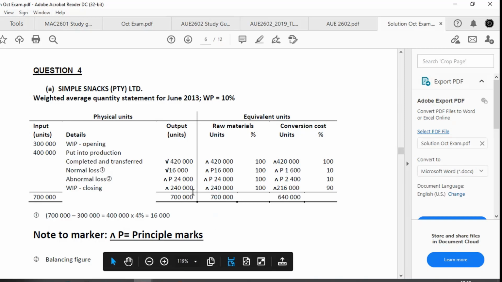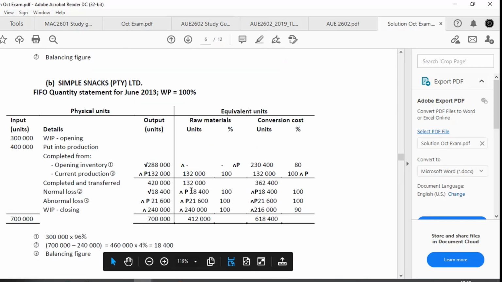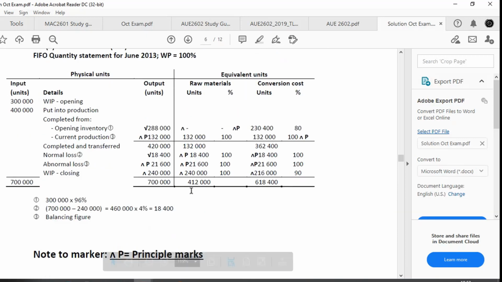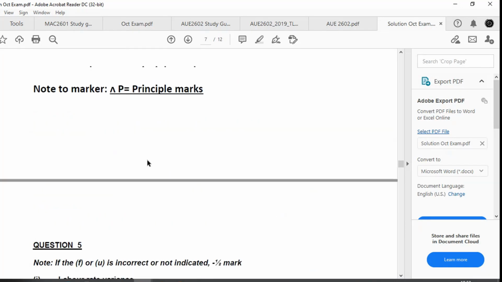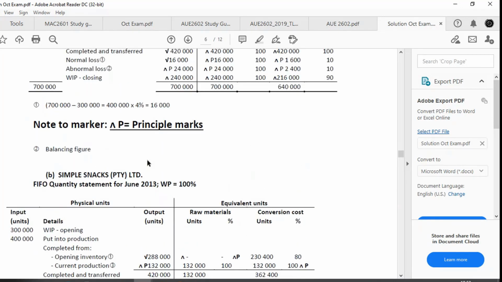Okay, do tell. Opening WIP and put into production are exactly the same: 300,000 and 400,000. Then completed from your opening inventory is 300,000. Your current production is... no. Is that the FIFO answer? I'll just draw a line through it.